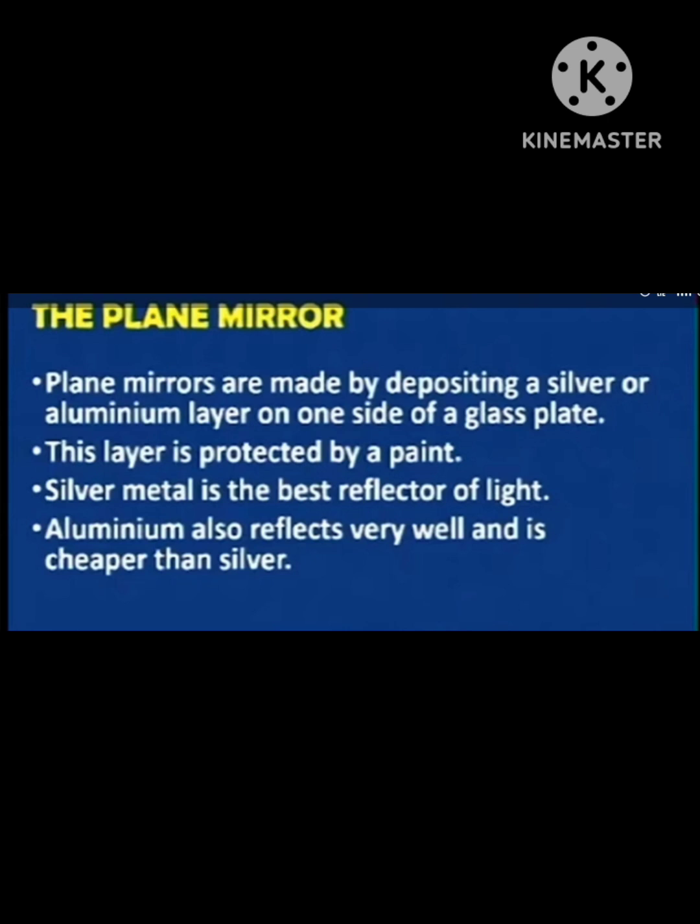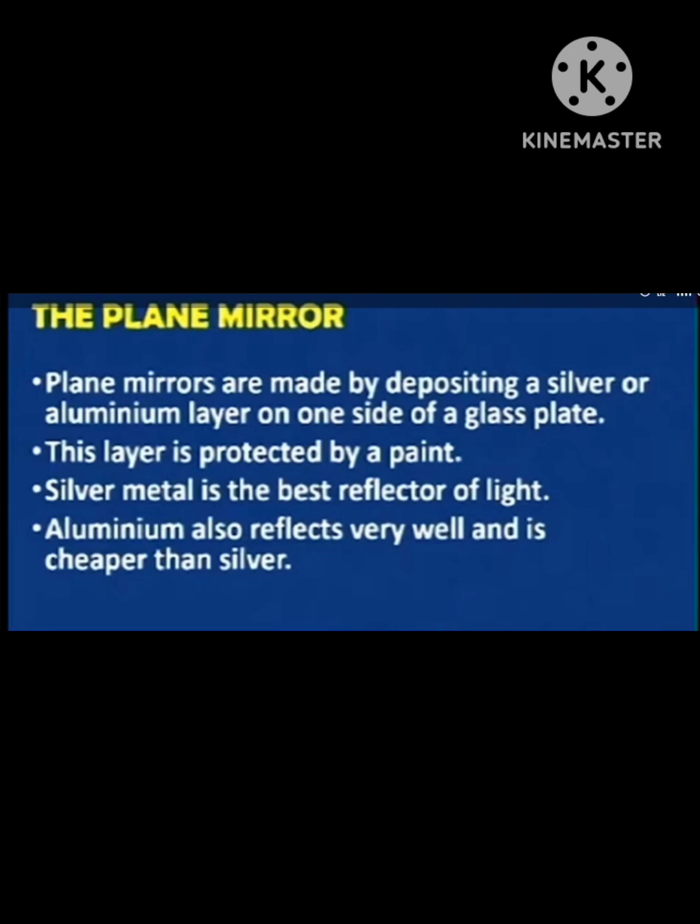At the back of the mirror, there is a coating layer, which is silver or aluminium, and after it is protected by paint. That is what we know as a plane mirror.